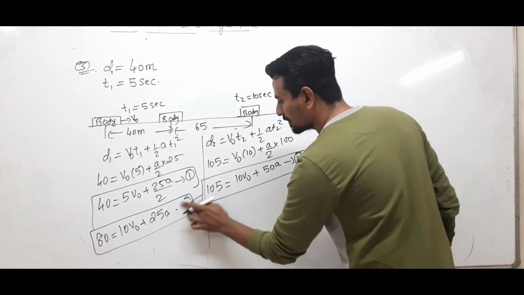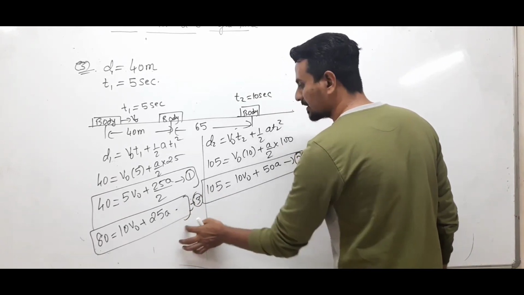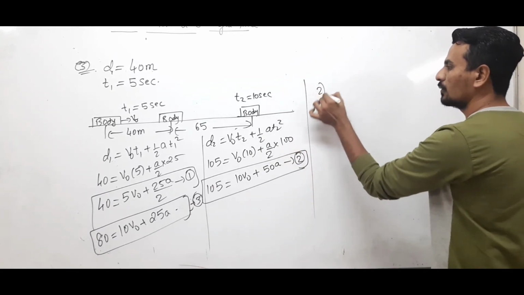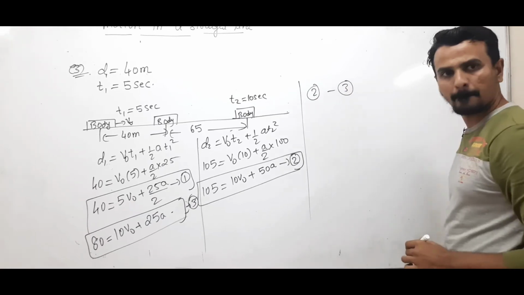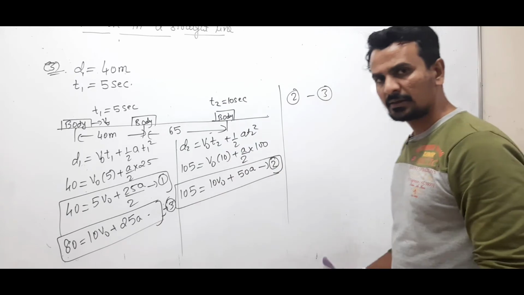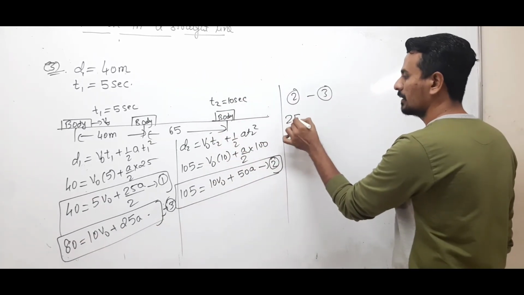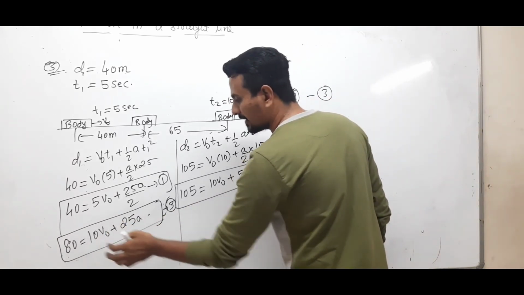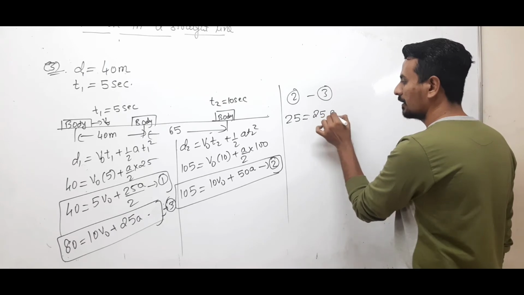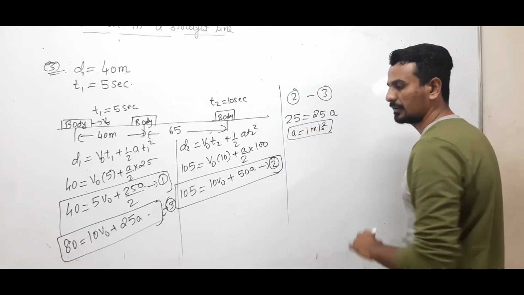Let us say this is equation 3. Now subtract 3 from 2, that means equation 2 minus 3. So it will be 105 minus 80, it will be 25. 10 v0 minus 10 v0 cancel, 50a minus 25a, so that will be 25a. So we got the acceleration.